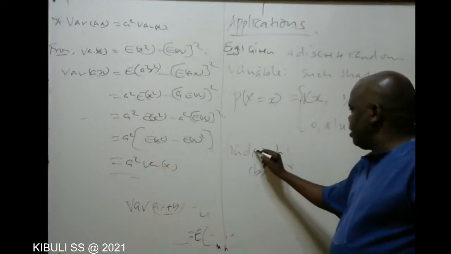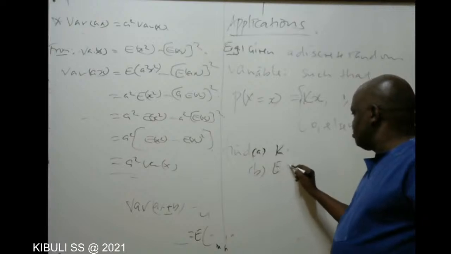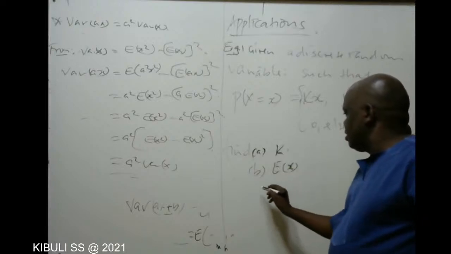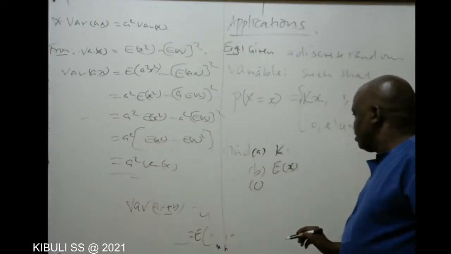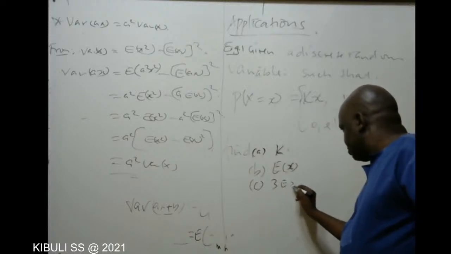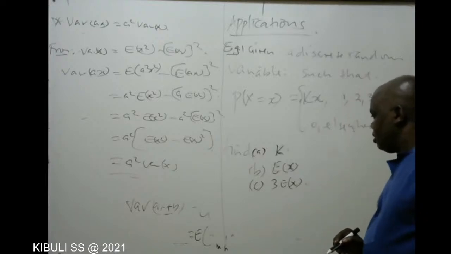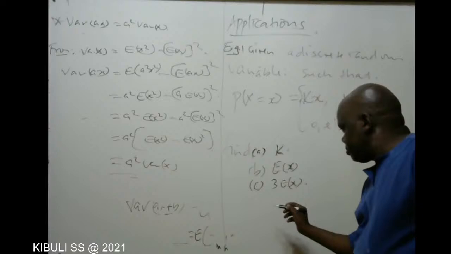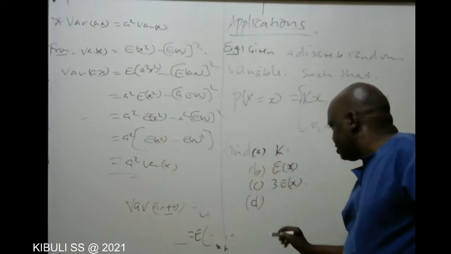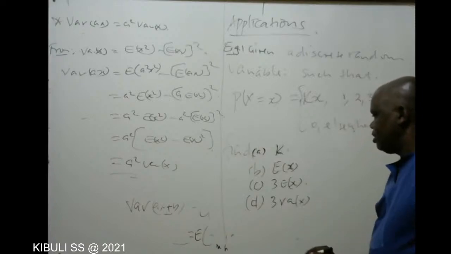We want to find A, the constant. Expectation of x. Then C, somebody asks you 3 times the expectation of x. Another person also adds there 3 times the variance of x.